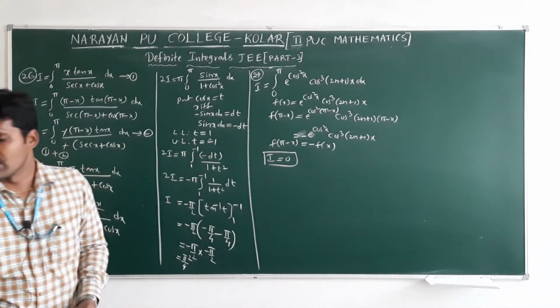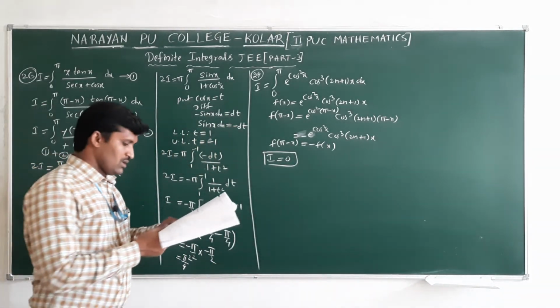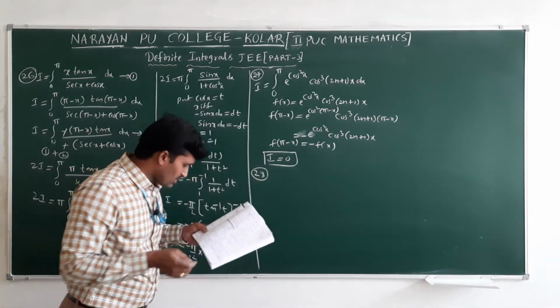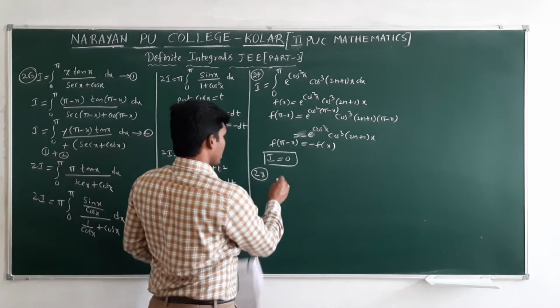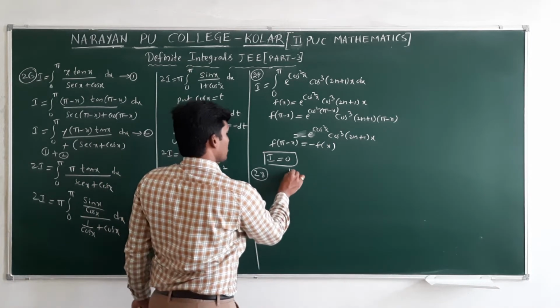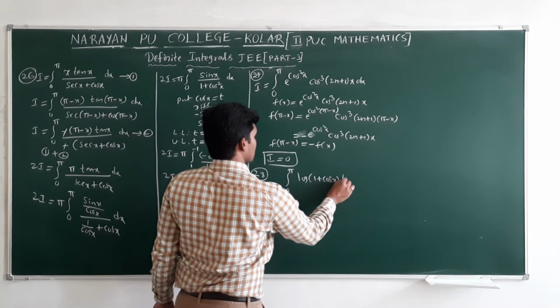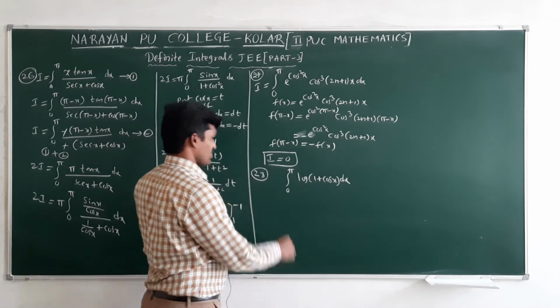No need to verify further values. Next, question number 28. In question number 28, the value of integral 0 to pi log of 1 plus cos x dx. Okay, it's actually a PU model.